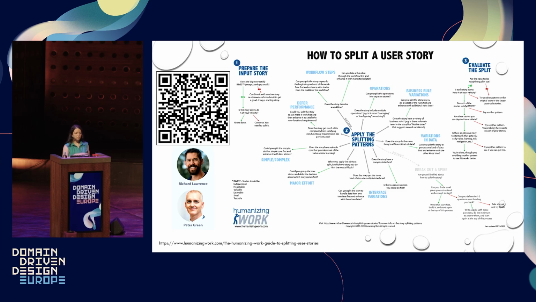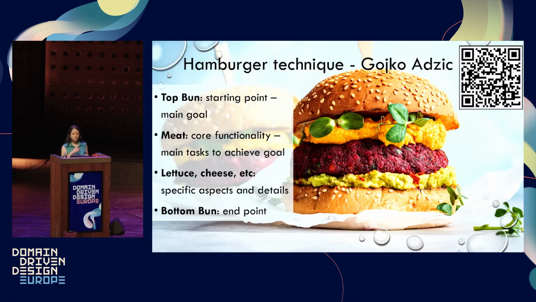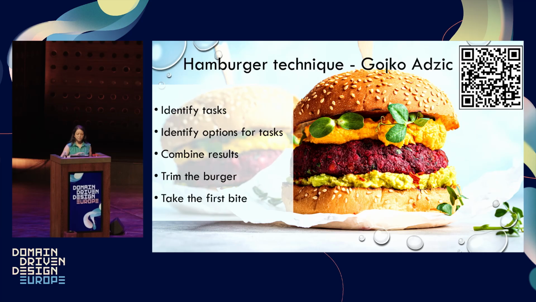And if you are not familiar with those, or you consider that those patterns are complicated, you can use the hamburger technique of Gojko Adzic. The technique is quite simple, in 5 steps.